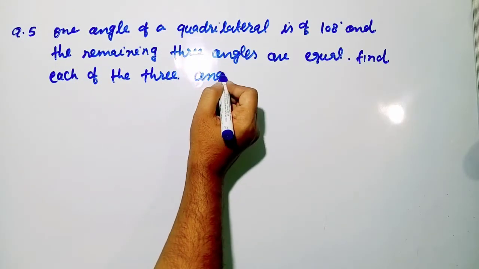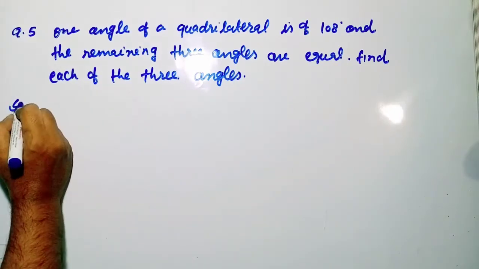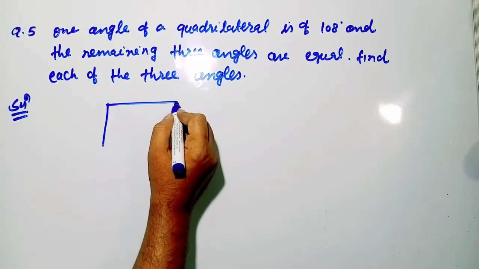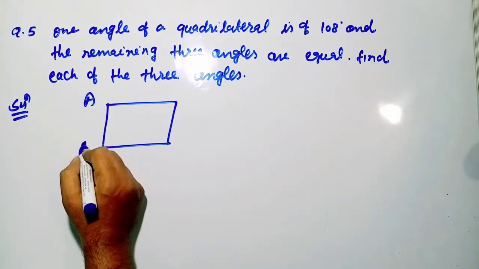It has been given that one angle is 108 degree and the other angles are equal, so we have to find the measure of each equal angle.